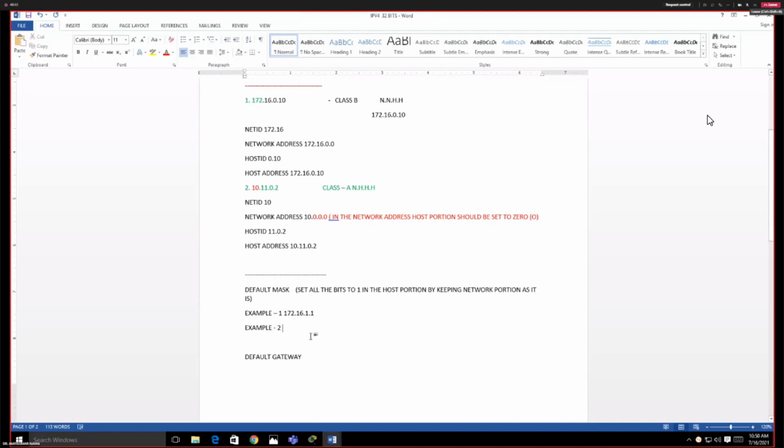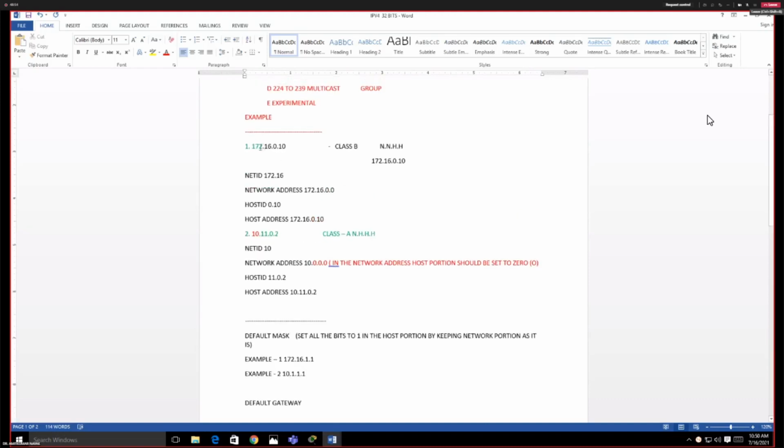For example number 2, 10.1.1.1. Please carefully read the statement. Set all the bits to 1 in the host portion by keeping the network portion as it is.